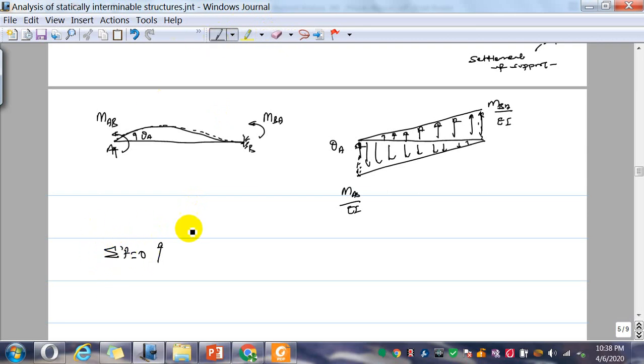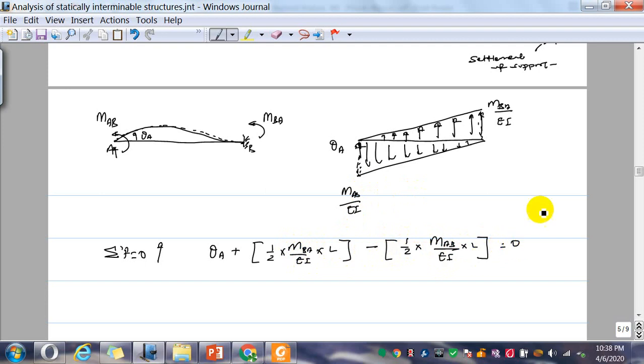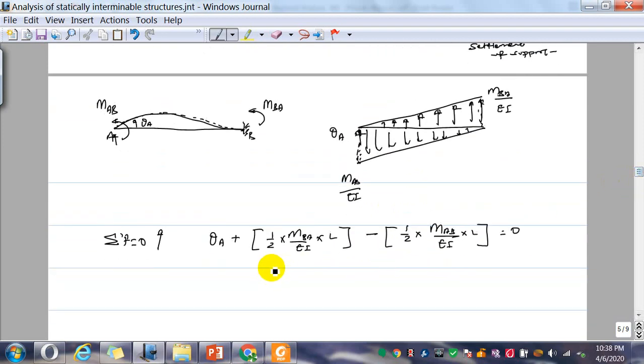So you have theta A plus the load due to the upward force, half into MBA over EI into length L, minus half into MAB over EI into L is equal to 0. So that is one equation.